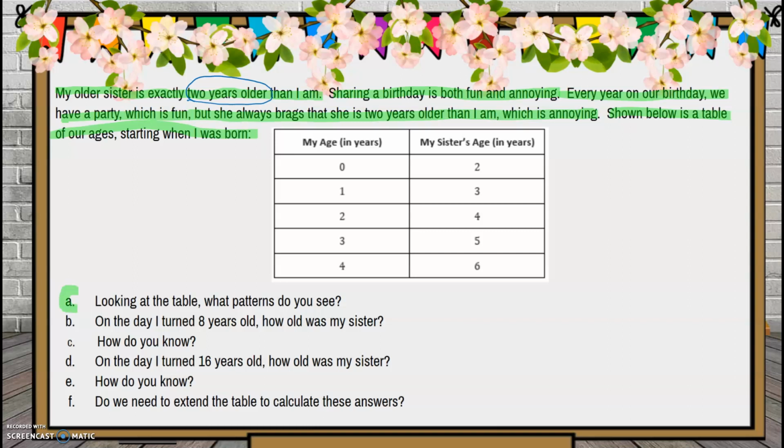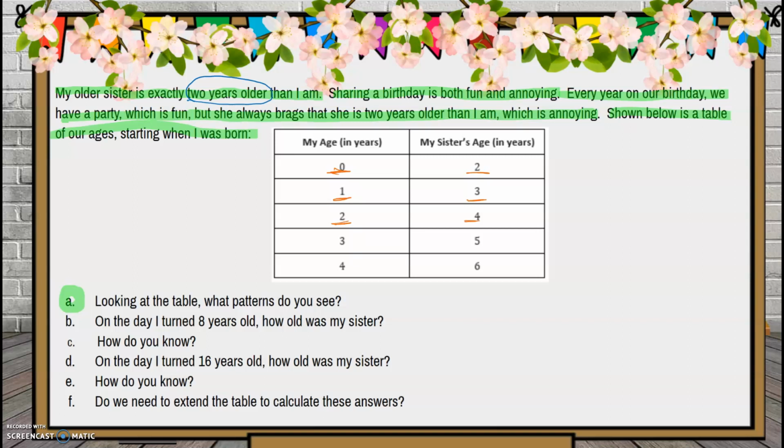So A says, looking at the table, what patterns do you see? So looking at the table, I see that when I am 0, my sister is 2 because she's 2 years older. When I turned 1, my sister turned 3. When I turned 2, my sister turned 4, and so on and so forth.